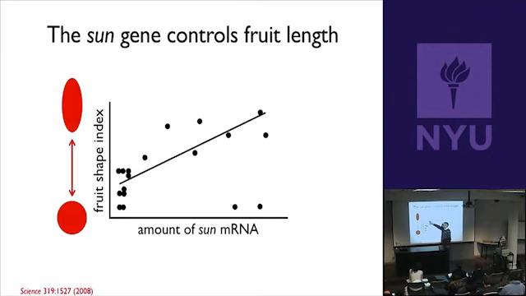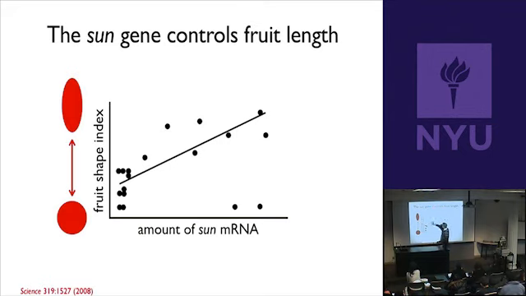And you saw a correlation like this before, where instead of looking at how much messenger RNA there was, we were looking at how many repeats of a repeated sequence there were in a dog gene, or in Huntington's gene, or in the Flo11 gene of yeast. So we're associating some aspect of the genetics, in this case how much activity of the gene, to the actual phenotype, the shape of the fruit. And it's a pretty good correlation.